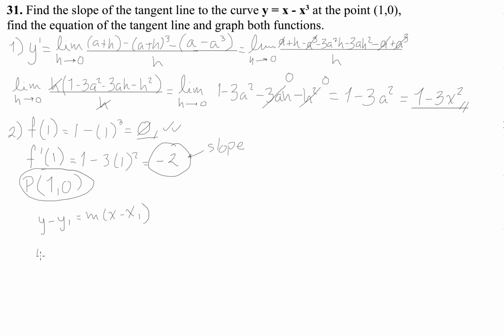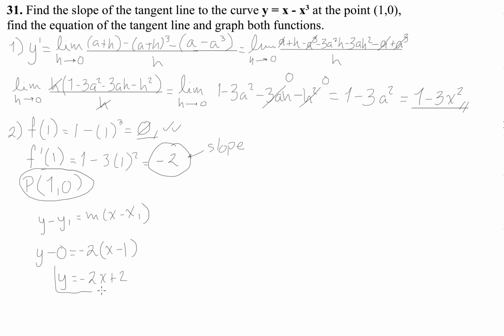So y minus 0 is equal to negative 2 times x, that is our independent variable, minus the value of x1. Now we solve for y, so our equation in the standard form will be minus 2x plus 2.